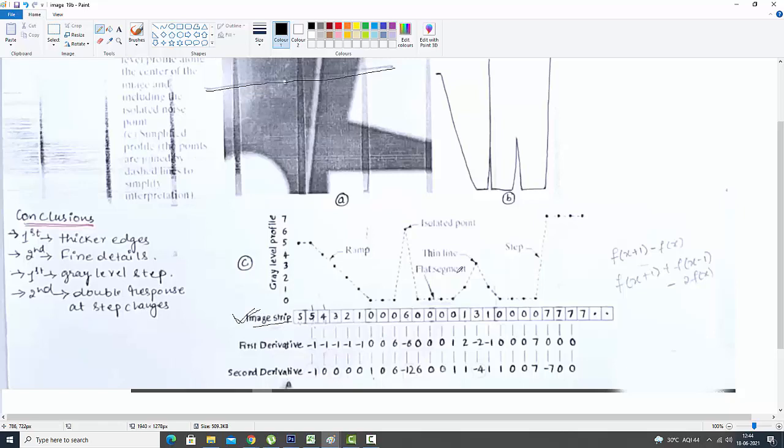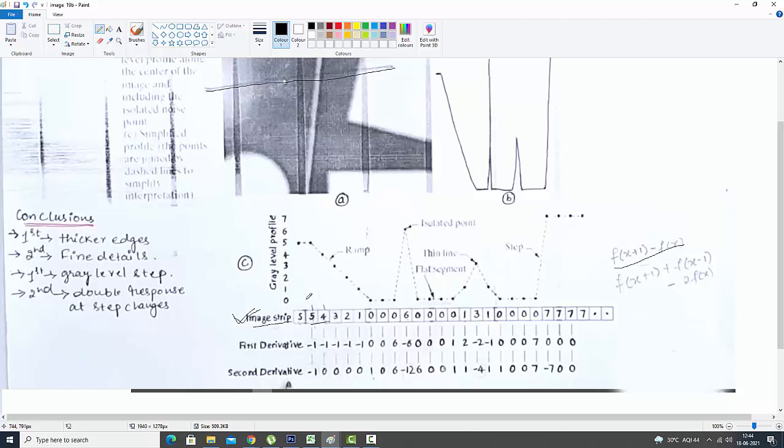Then we have tried the first derivative, which is f(x+1) minus f(x). In f(x+1) we have 5, and the derivative starts from here.